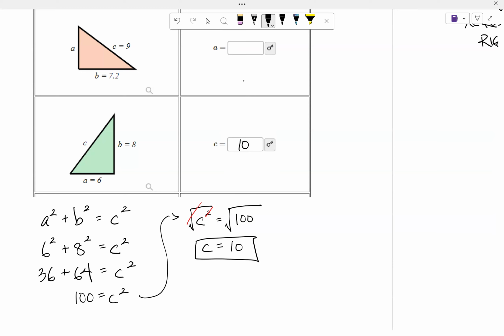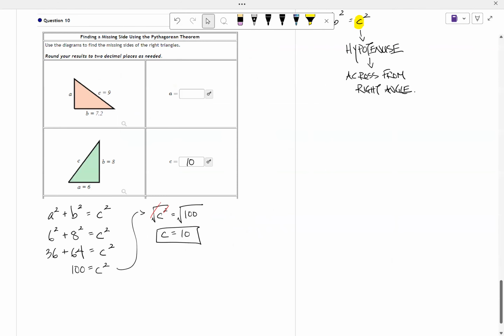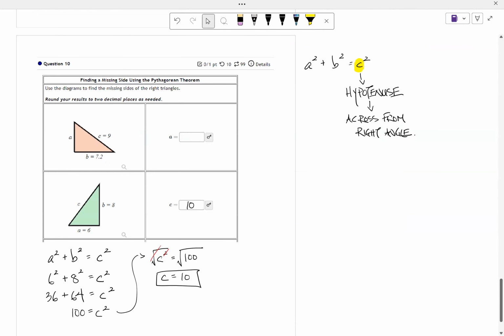Okay? So let's take a look now at the, I don't know what color that is, red, orange, the other triangle. Okay. And I'm going to start again by writing out my formula. A squared plus b squared equals c squared. Okay. And I'm going to do the same thing. I'm going to plug in the numbers in the places that they tell me to.